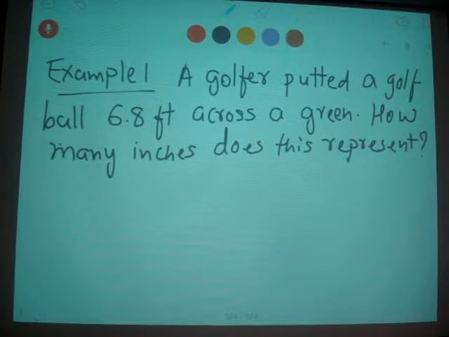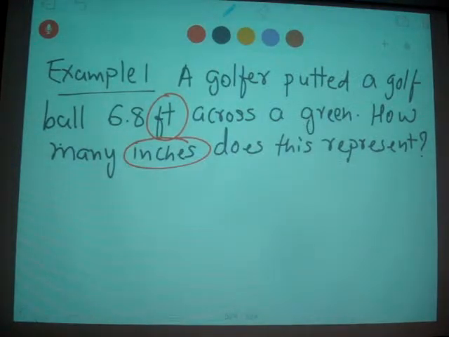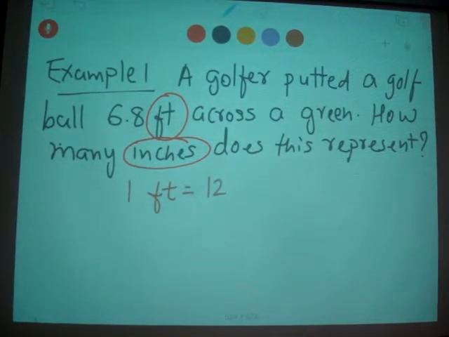Now we are converting in this case feet to inches. There will be one more piece of information given to you. So let's say 1 foot equals 12 inches. Now we are going to write unit factors. There will be 2 unit factors.